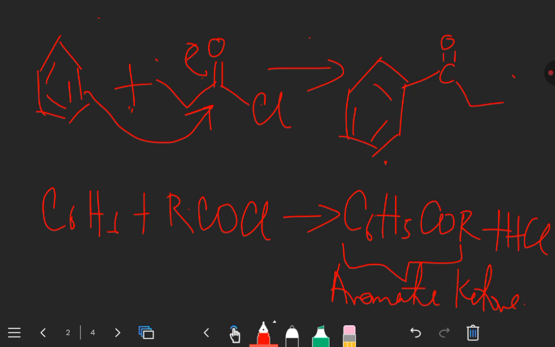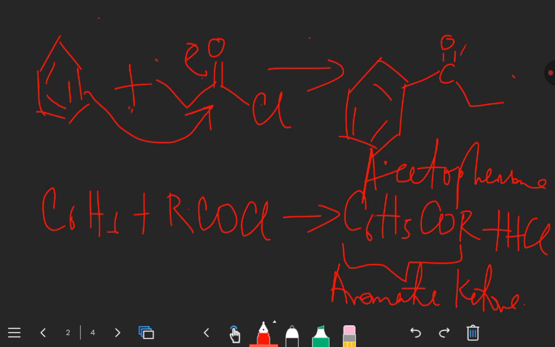So we're going to have this as our product, which is simply an acetophenone, because we have an acetyl group bonded to this phenyl group, which is a benzene ring.